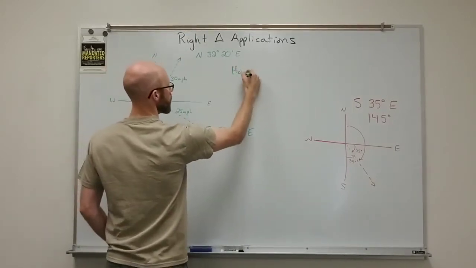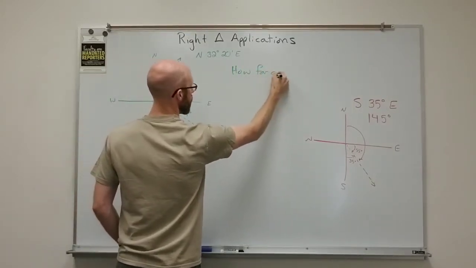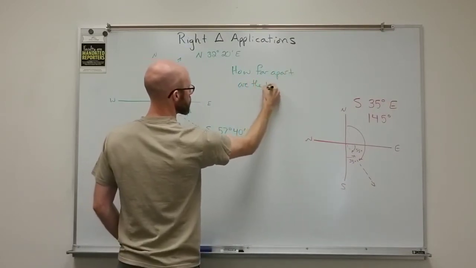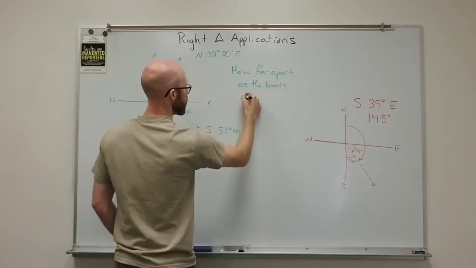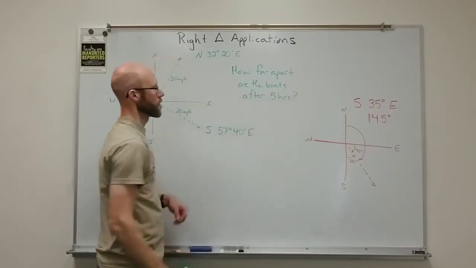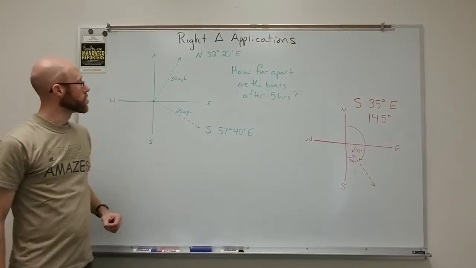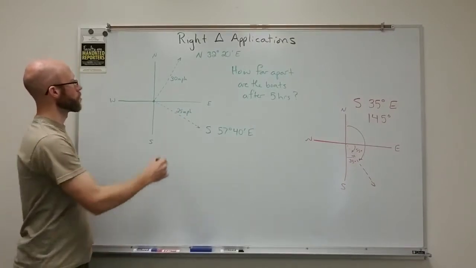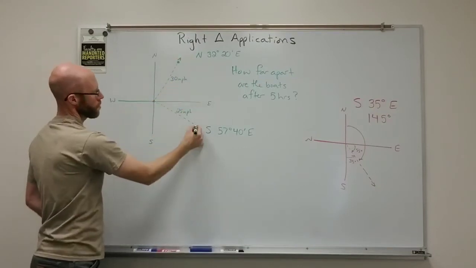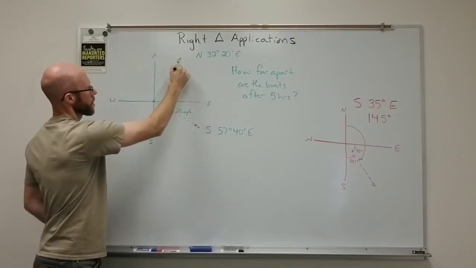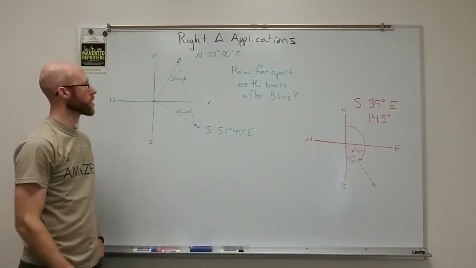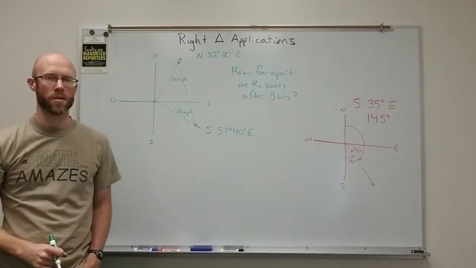How far apart are the boats after 5 hours? Okay, so essentially what we're looking for is the third side of a triangle where you have the first boat, second boat connected by a line. That's the third side of the triangle. We're looking for that distance, okay?